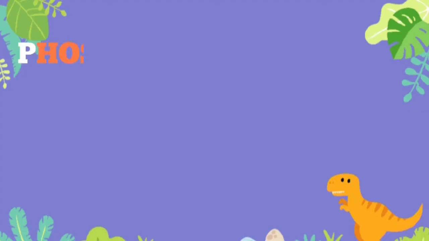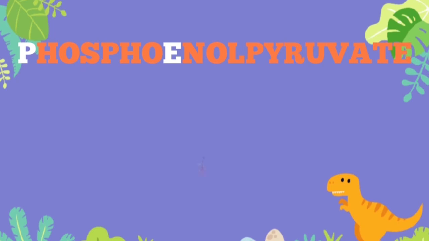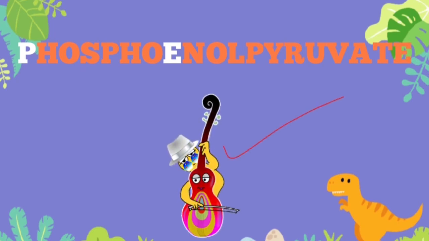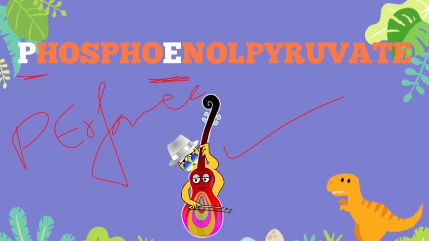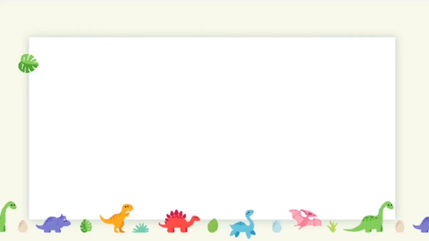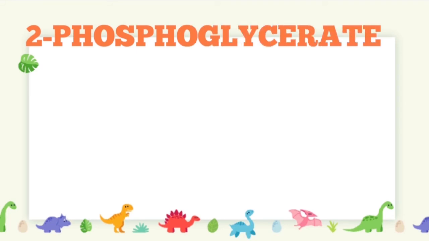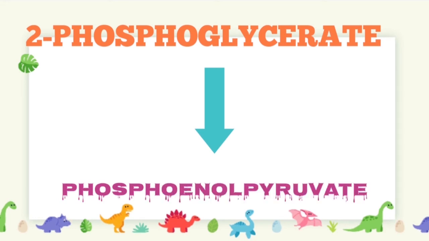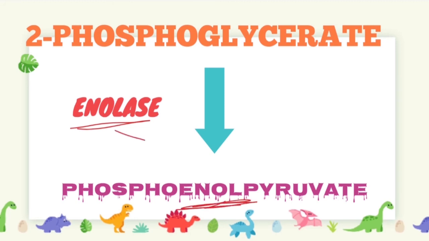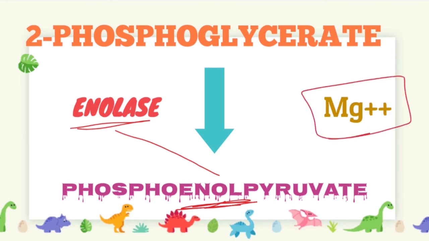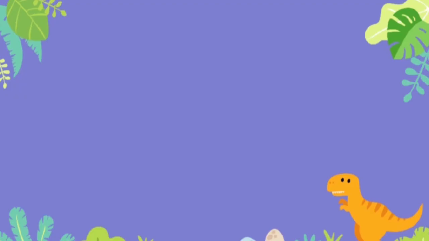So next step is phosphoenolpyruvate, and then she is posting it in a performance group, one performance group. PE, I want you to remember PE, performance, phosphoenolpyruvate, okay, one performance group. So here the reaction is 2-phosphoglycerate is converted into phosphoenolpyruvate with the help of the enzyme enolase. Enol is coming here, and the glycerate is converted into what? Pyruvate, and there is Mg2 plus utilized in this reaction.